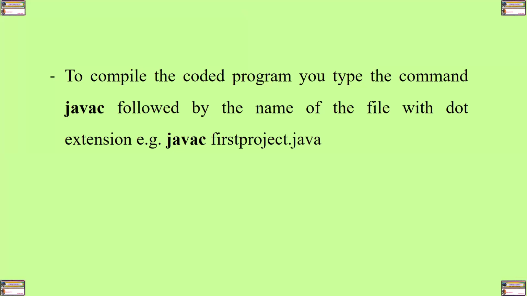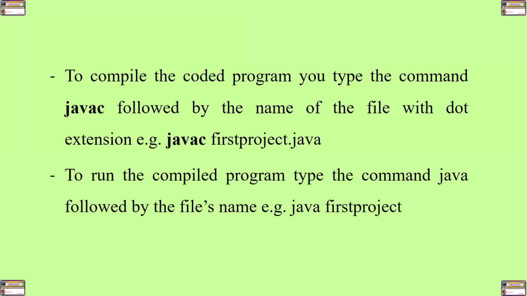For example, javac firstproject.java. To run the compiled program, you type the command java followed by the file's name. For example, java firstproject. So you cannot run the program before you compile.